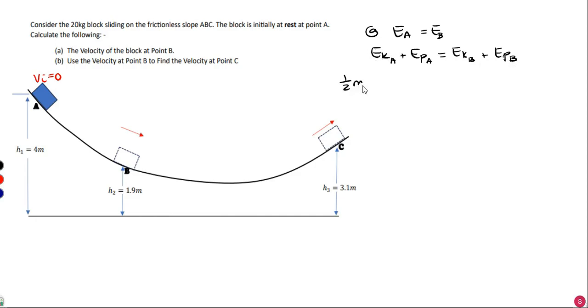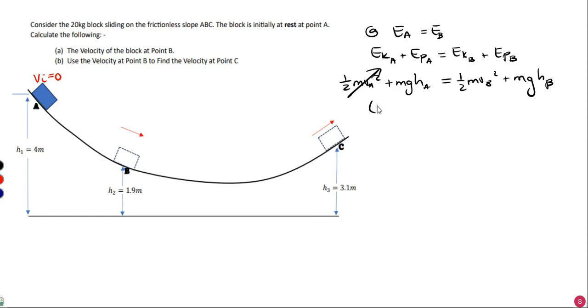What's this? It's half m v_A squared plus m g, and then it's the height at A, which equals half m v_B squared plus m g, height at B, right? But now we're told that the object is initially at rest, meaning the initial velocity at A is 0. So that term will simply go to 0.